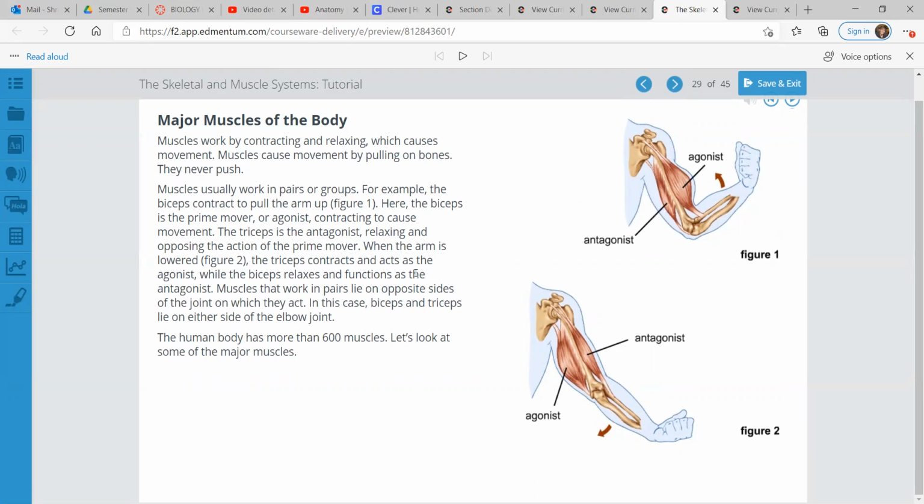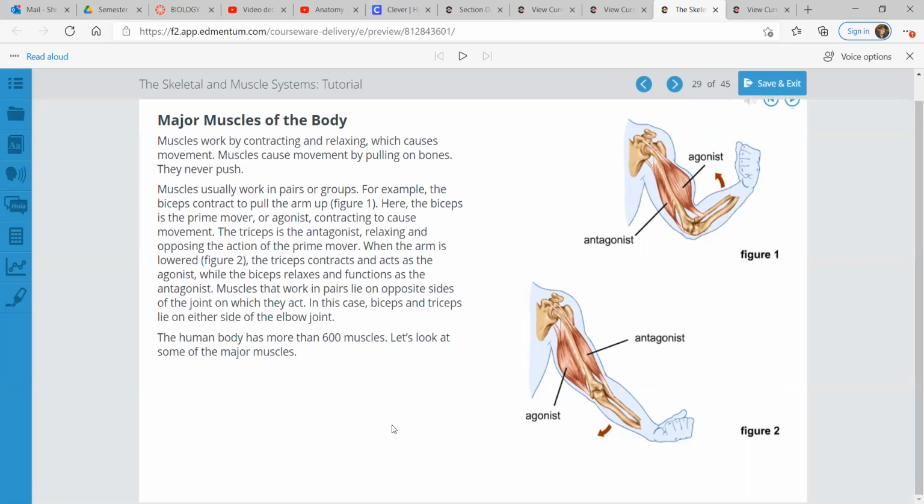When you lower your arm, the tricep contracts and acts as the agonist, while the biceps relaxes and functions as the antagonist. Muscles that work in pairs lie on opposite sides of the joint on which they act. In this case, biceps and triceps lie on either side of the elbow joint.